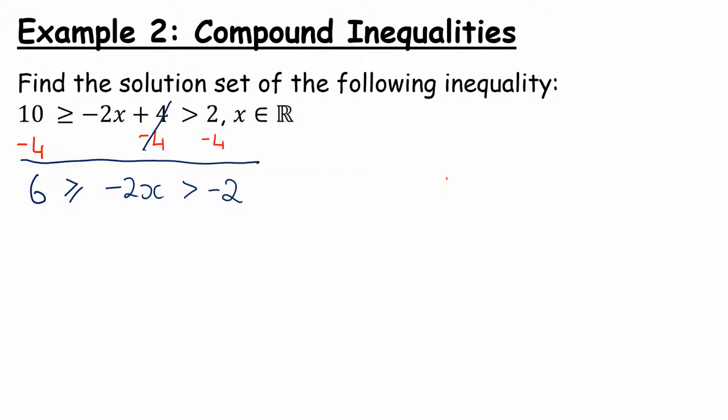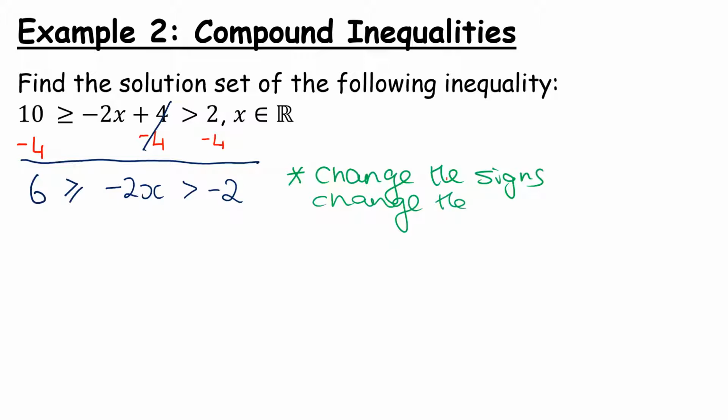So what I would advise you to do is to learn this little mantra, which is change the signs, and then if I change the signs, I also change my inequality. And that is both inequalities, and both inequalities will switch.